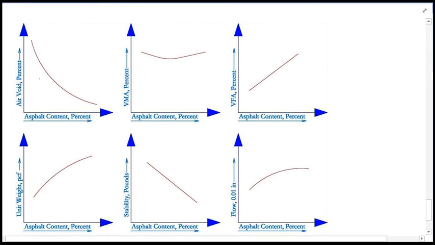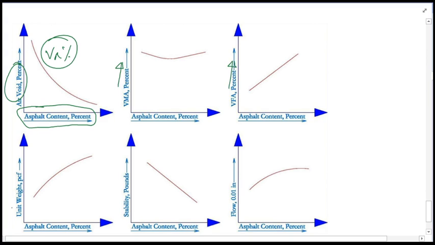Please focus on these 6 features. The first one is the air void percent, VA percent, the volume of air voids in percent, on the y-axis. All the graphs have asphalt content on the x-axis. Then there is VMA in percent, VFA in percent, unit weight in PCF, and the stability and flow.